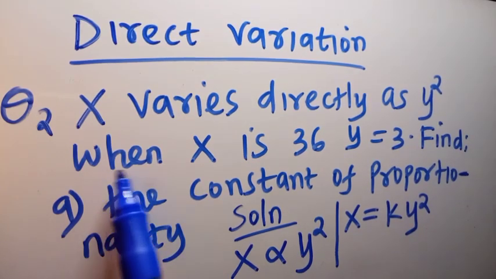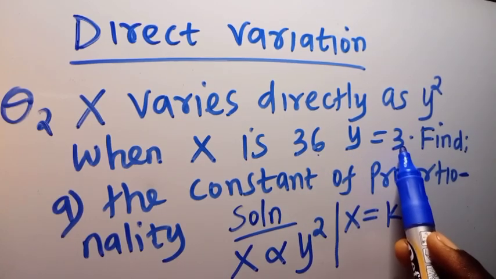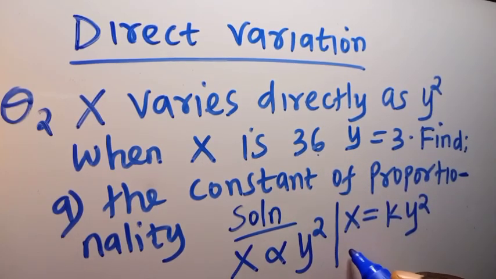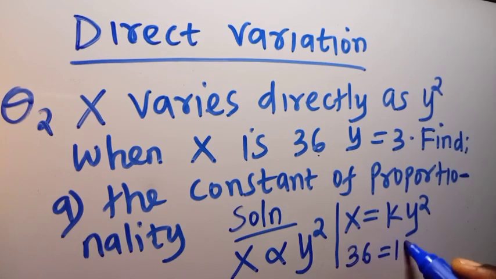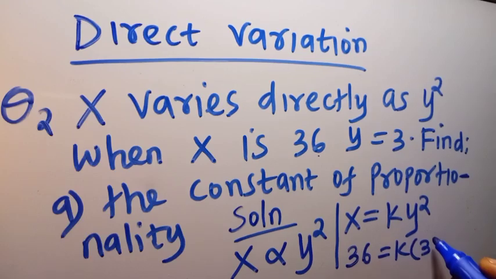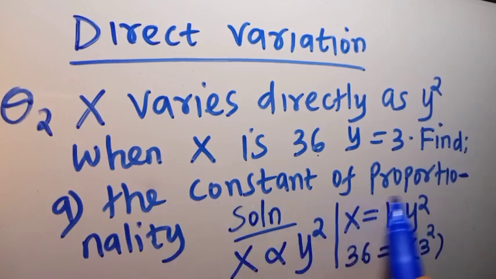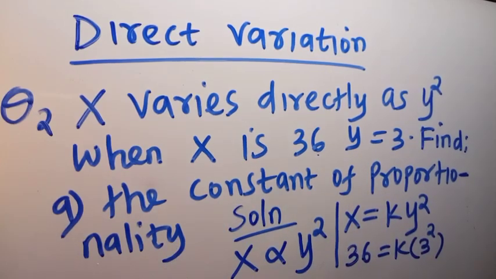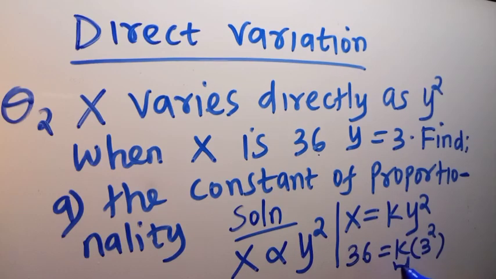It says when x is 36, y equals 3, so it will be 3 squared. The question is, find the constant of proportionality. The constant of proportionality is k.